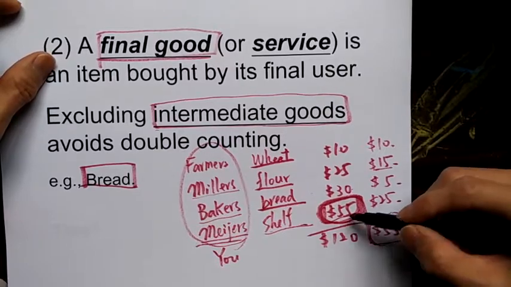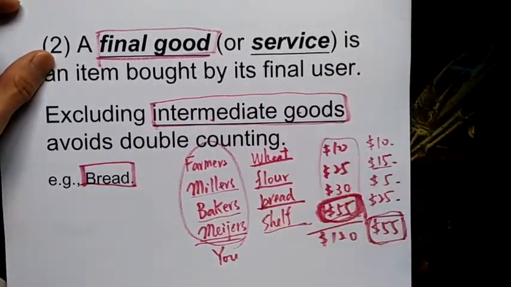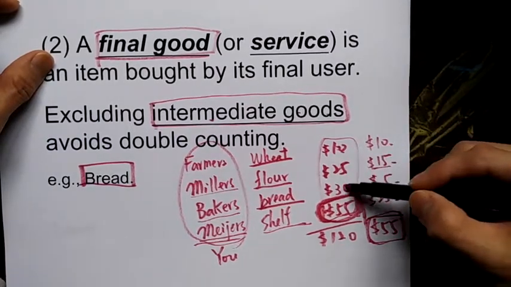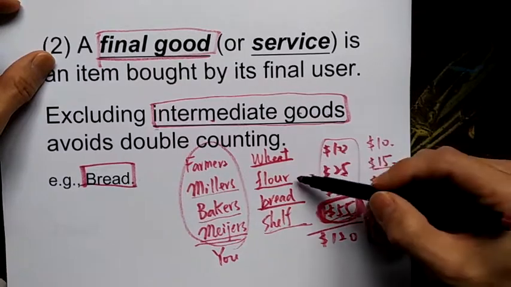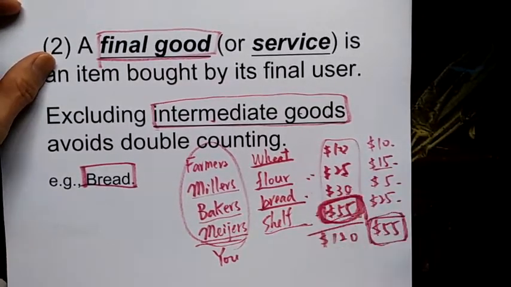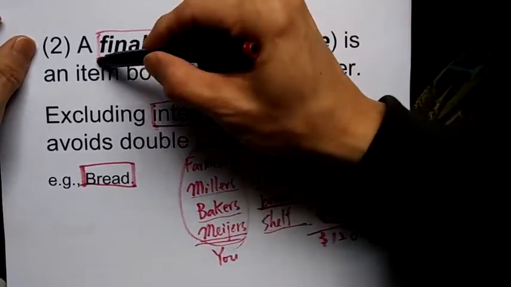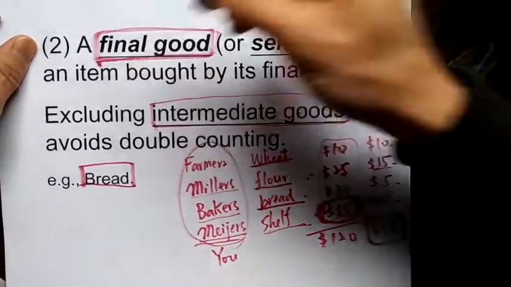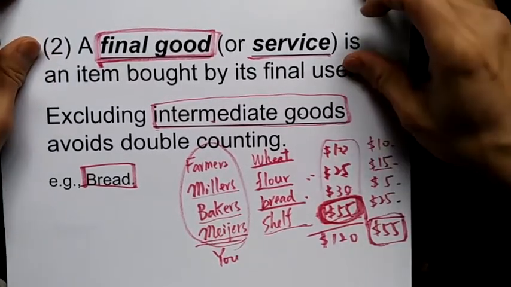If you include the intermediate goods in the calculation of nominal GDP, you are going to double count the contribution of millers, bakers, and Meijers. That is why we can only include final goods and services in the calculation of nominal GDP.